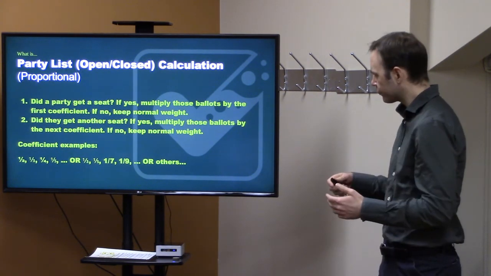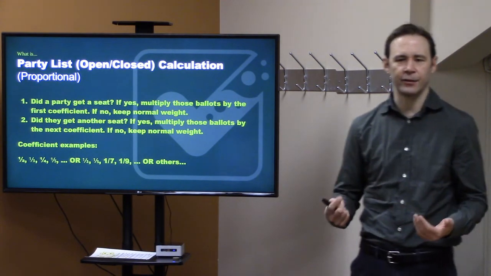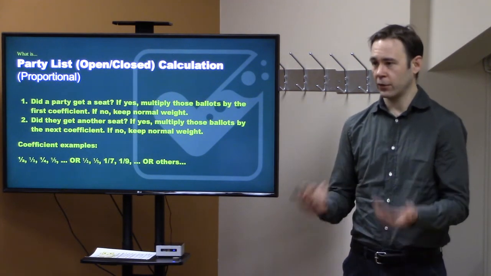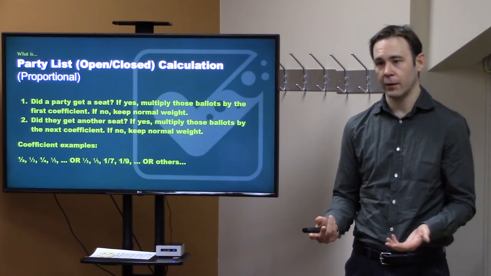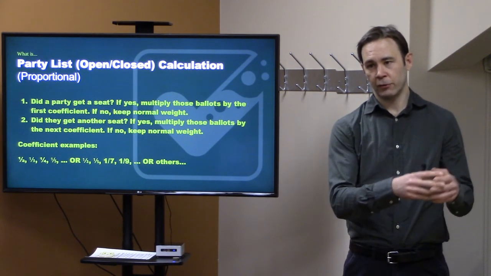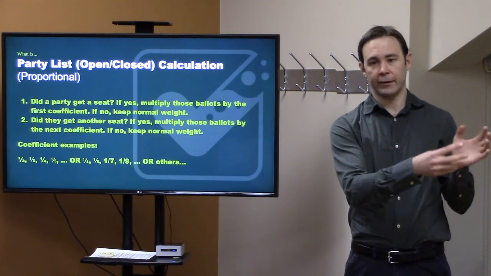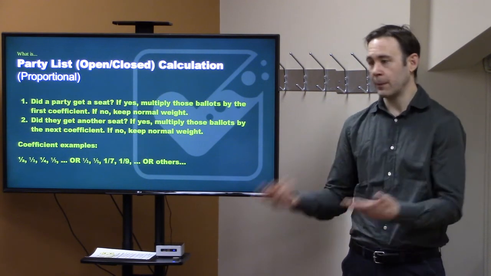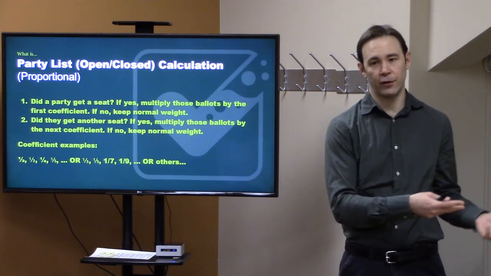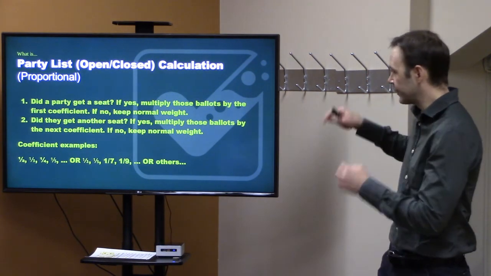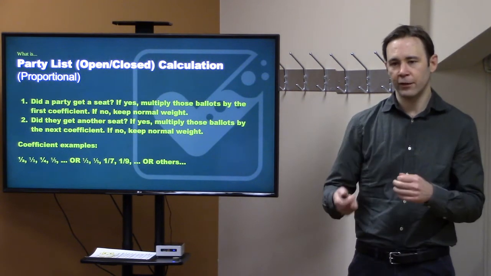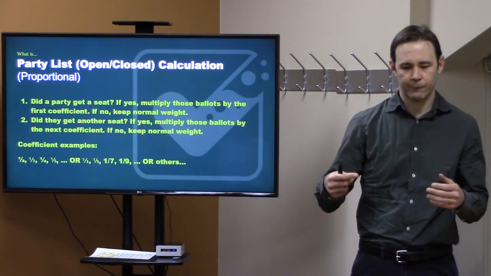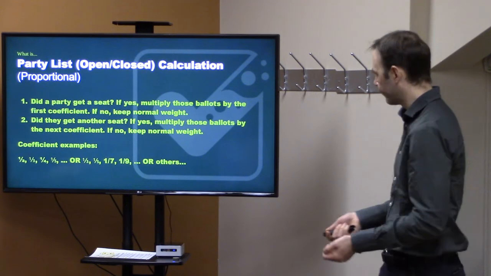So the idea is, you got something in an earlier round, so you got someone elected, you got your way at some point. Well, now you get your ballot de-weighted so that other people have an opportunity to have their say. And these calculations or algorithms reweight these ballots in a way that achieves a proportional outcome.